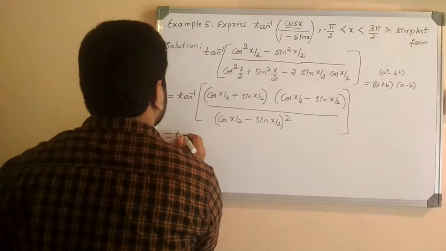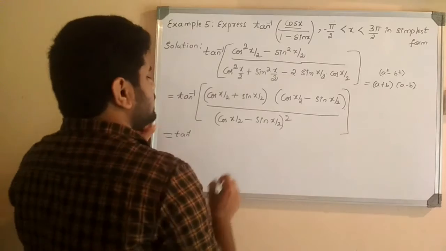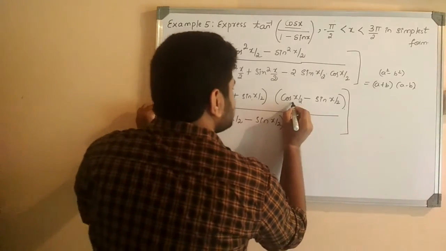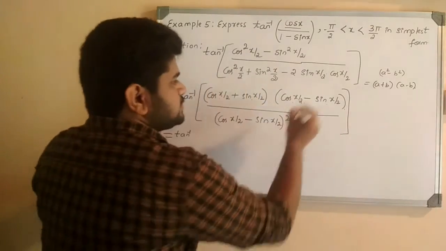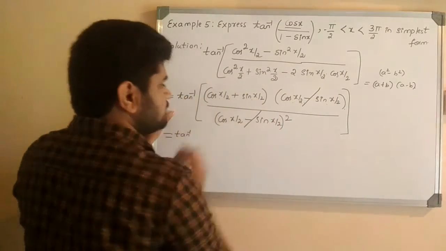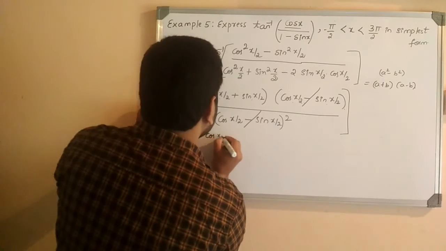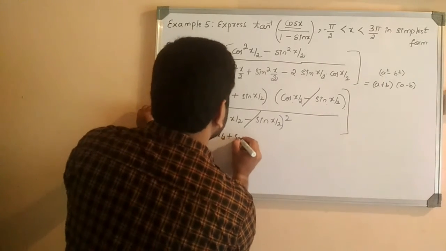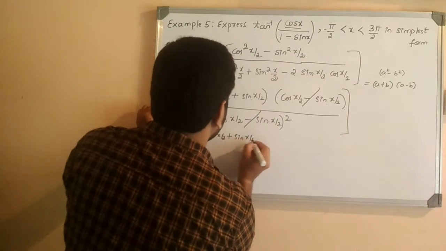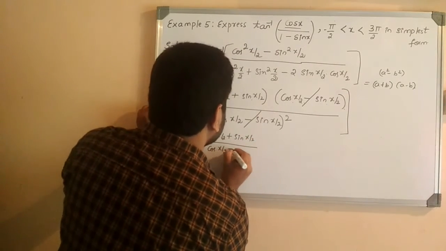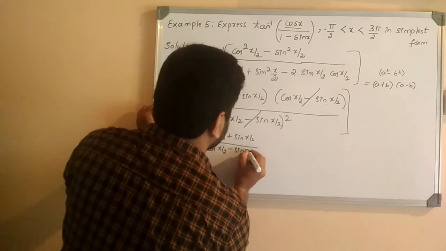Now, cos x by 2 plus sin x by 2, cos x by 2 minus sin x by 2. So this gets cancelled. So, cos x by 2 plus sin x by 2 by cos x by 2 minus sin x by 2.